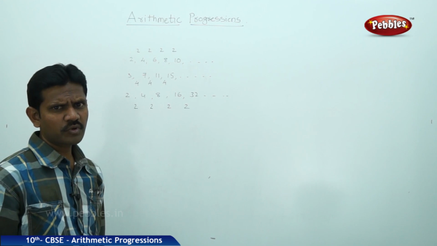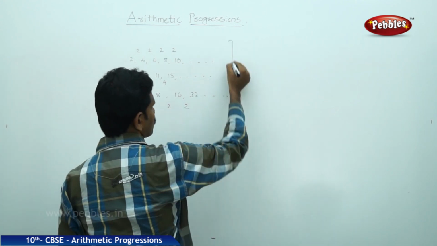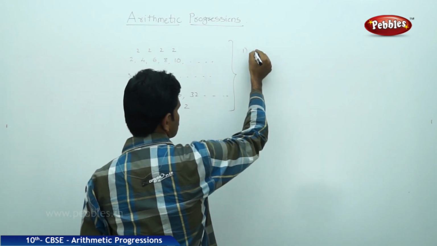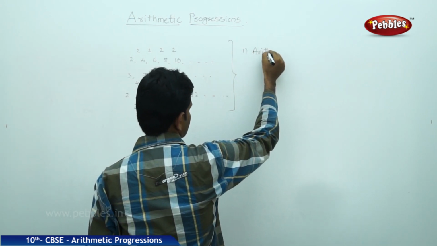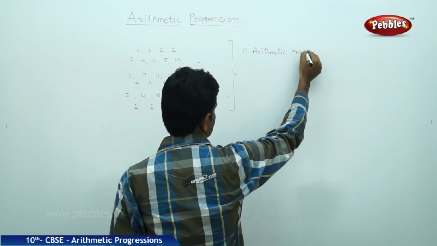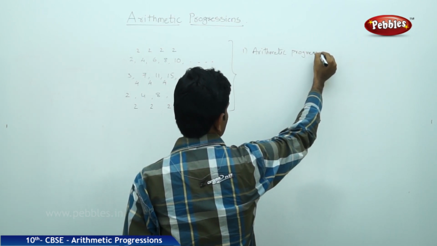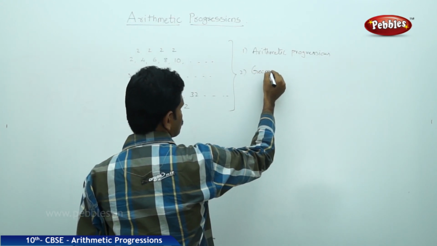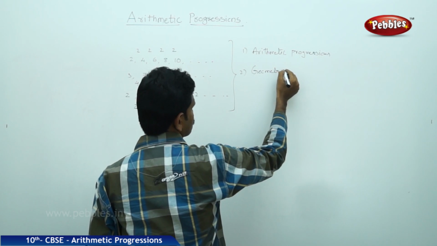How many types of progressions are there? First one, arithmetic progressions. Number 2, geometric progressions.